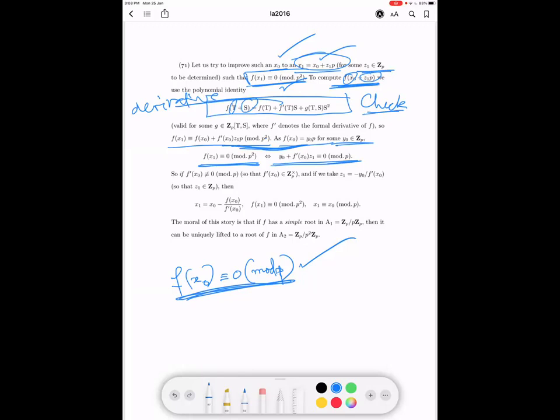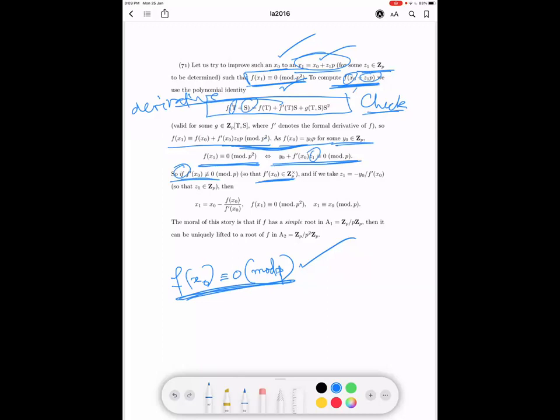Now look at what happens if f prime of x naught is not congruent to 0 mod p, and something not being congruent to 0 mod p is the same thing as being invertible in Zp, right? So if f prime of x naught is invertible, then I can take z1 here. I can solve for z1, which is what I was looking for.